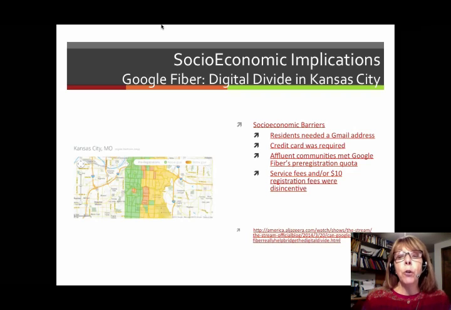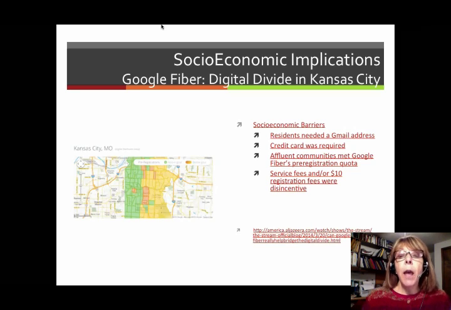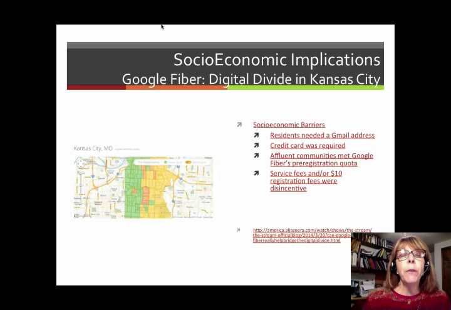Some of those barriers were that the residents needed to have a Gmail address in order to sign up, and they didn't have that. A credit card was required, not to pay for anything, but as an identifier, and many people in the lower socioeconomic neighborhoods did not have a credit card or a bank account. And as I said, the affluent communities met the Google Fiber pre-registration quota.